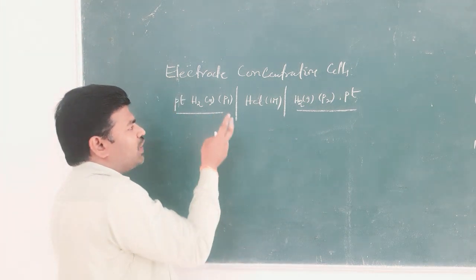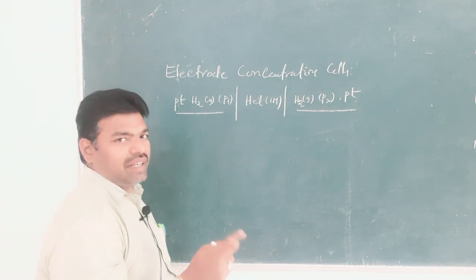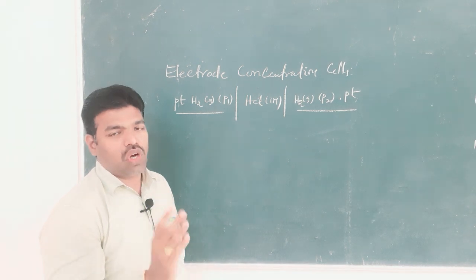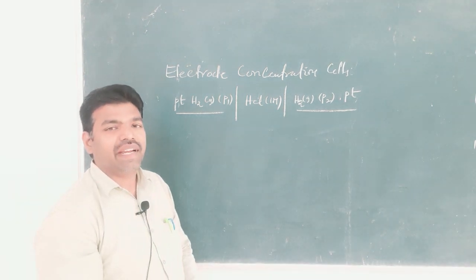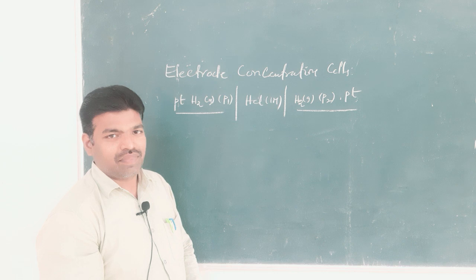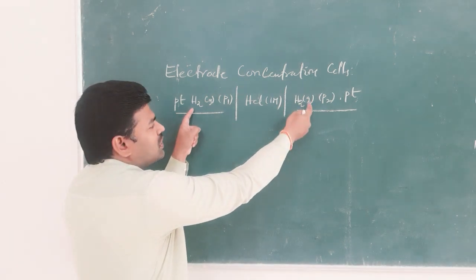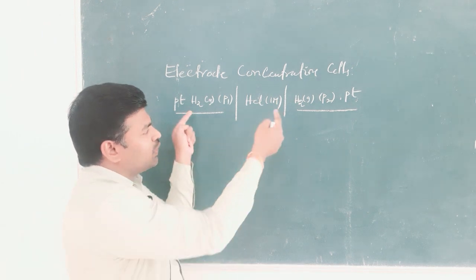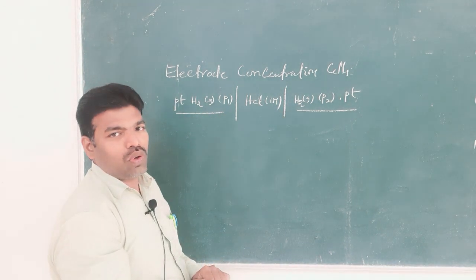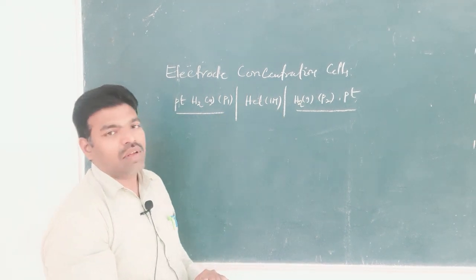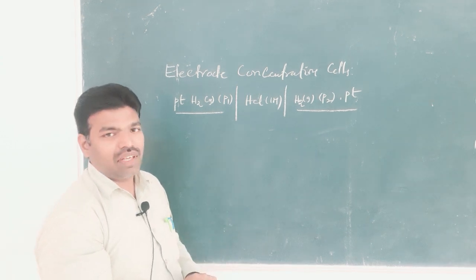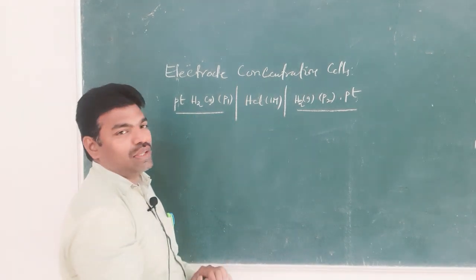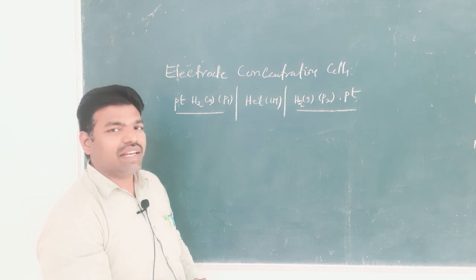These two hydrogen electrodes are maintained at different gas pressures, and the two electrodes are dipped in the same solution of HCl of 1 molar. This constitutes the electrode concentration cell.